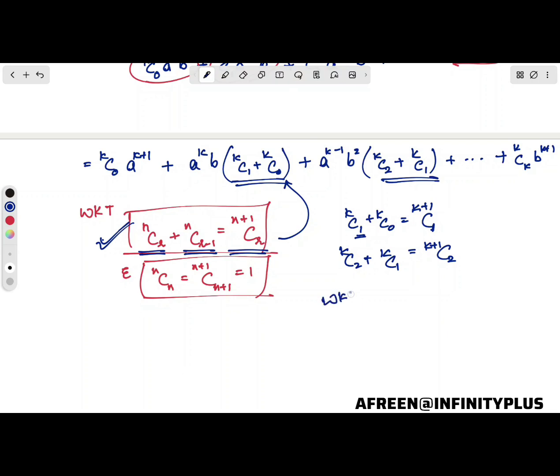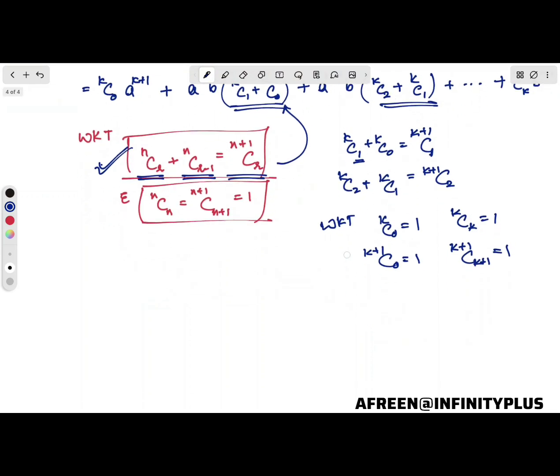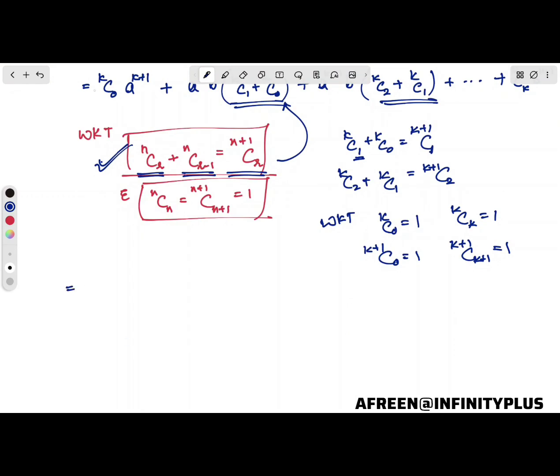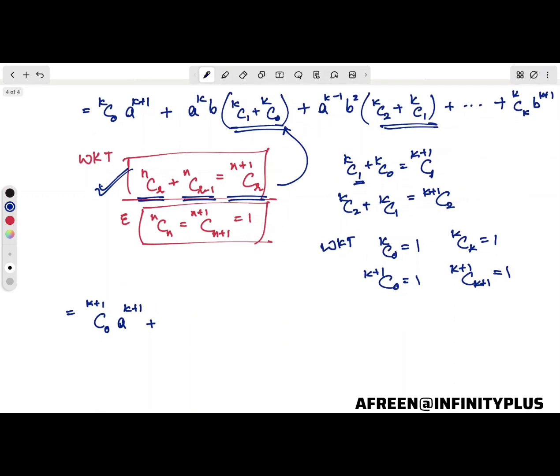We know that kC0 is equal to 1. In simple terms, we can also write that (k+1)C0 is also equal to 1. Since also kCk is equal to 1, we can also write (k+1)C(k+1) is also equal to 1. So substitute all these values, you will get this is equal to (k+1)C0 a^(k+1) plus this thing will be as it is.